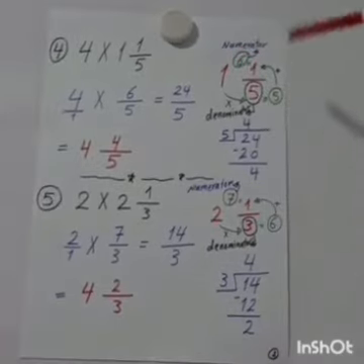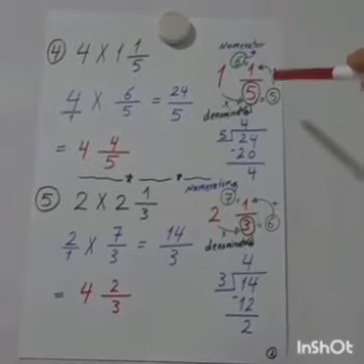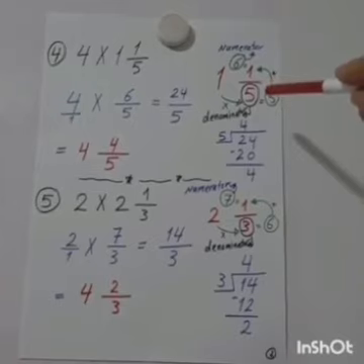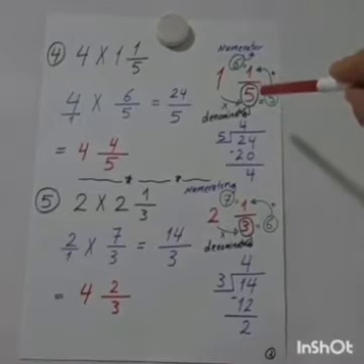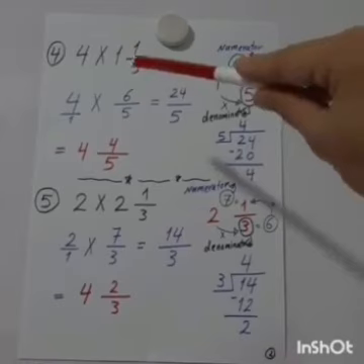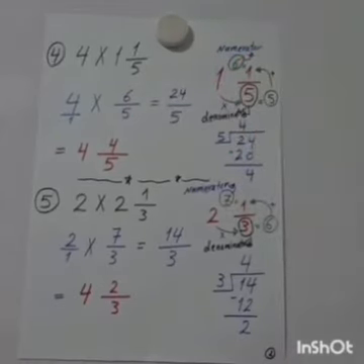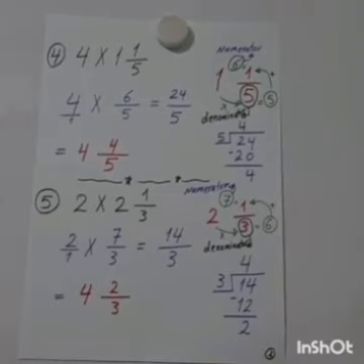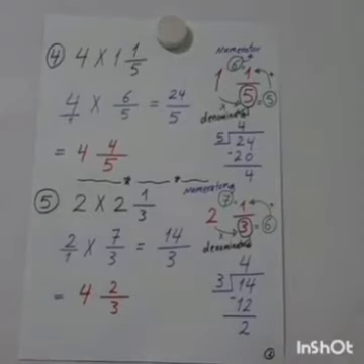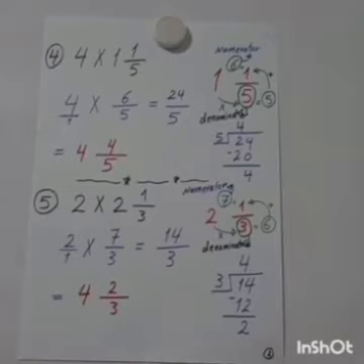So 6 is the numerator, and 5 will not change as the denominator. So it will be 6/5. Now 4 times 6/5 equals what? We take 4 times 6 as the numerator, equals 24, and the denominator we will not change, 5.